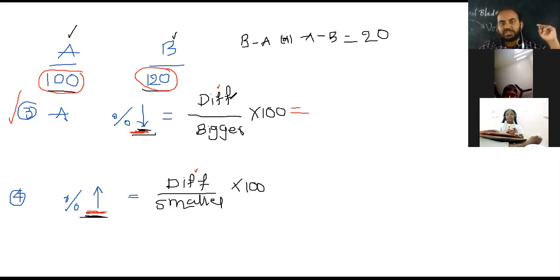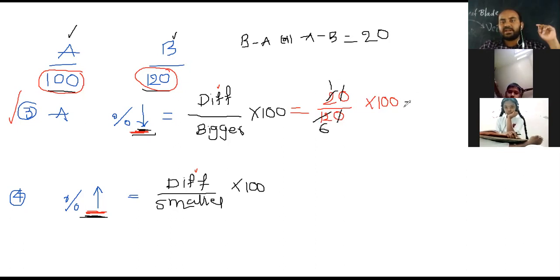Now, according to the question, percentage less means the difference, how much did I get? 20. By the bigger number out of these two, 120, and into 100. Right? Now do the cancellation. 0, 0 cancel. 2 1s are 2, 2 6s are 12.